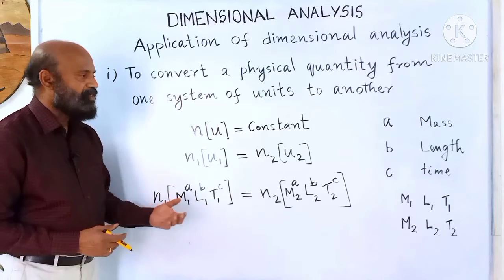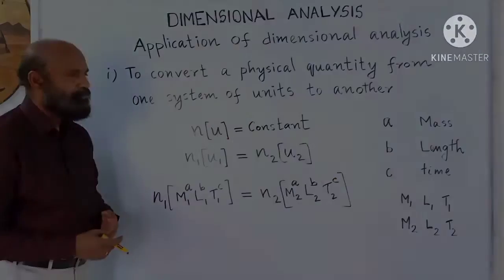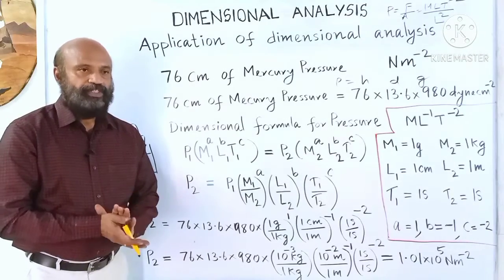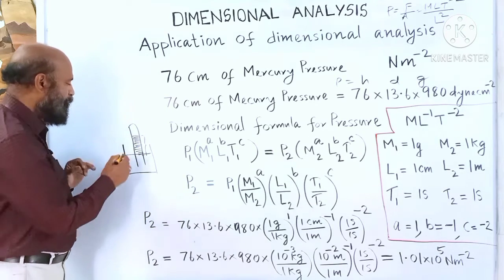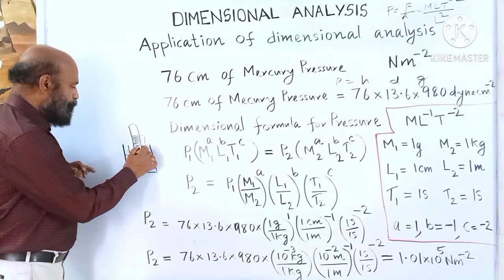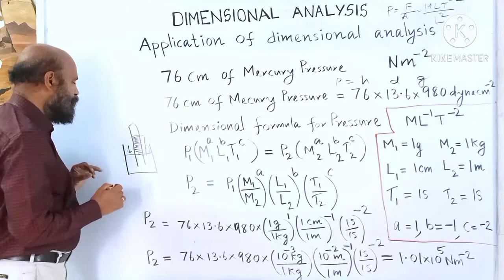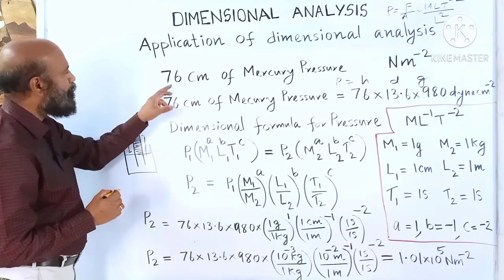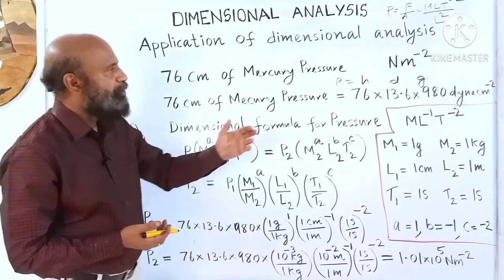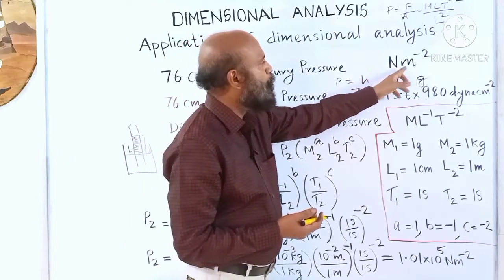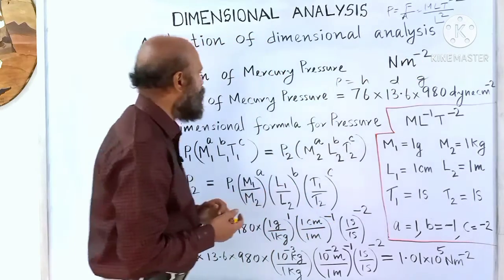Let us try to understand this by an example. Atmospheric pressure is expressed in terms of the height of the mercury column. The atmosphere exerts pressure, so mercury will stand up to a height of 76 centimeter. You have to express the atmospheric pressure in Newton per meter square.